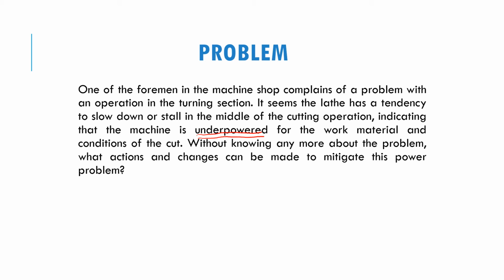So what is power? Cutting power equals F V, right? Meaning they have force and also the V. So this is related to the power. So to solve this problem, we have to tackle this thing.